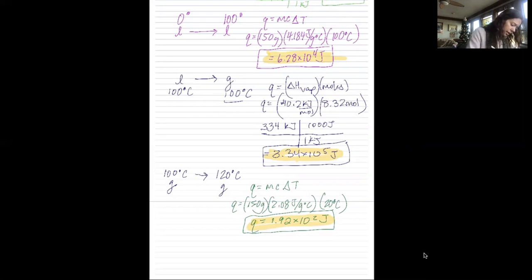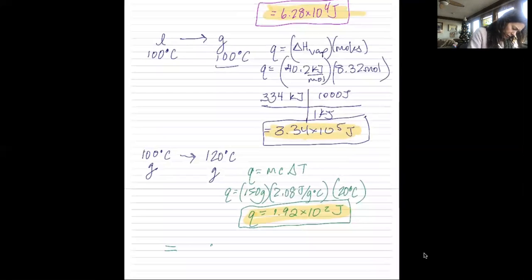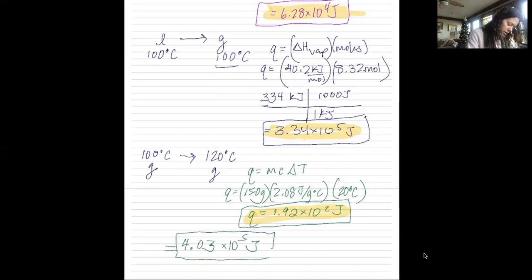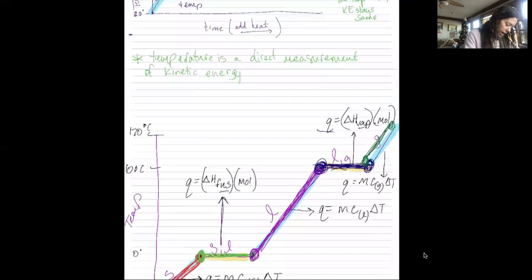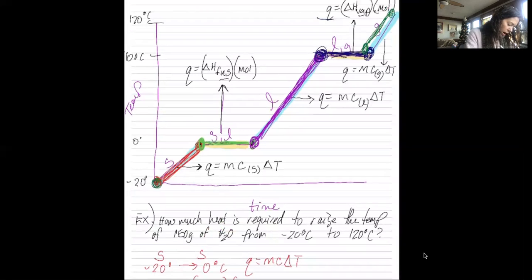And what I get is a final answer of 4.03 times 10 to the fifth joules. That is the amount of energy required to take 120 grams of solid H2O, increase its temperature, melt it, boil it, evaporate it, and increase the temp again to 120.